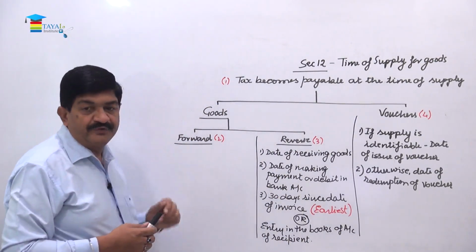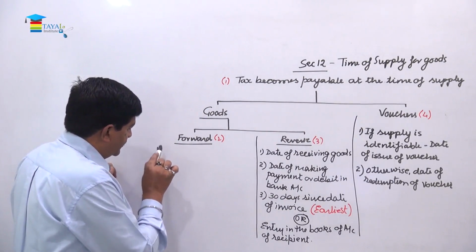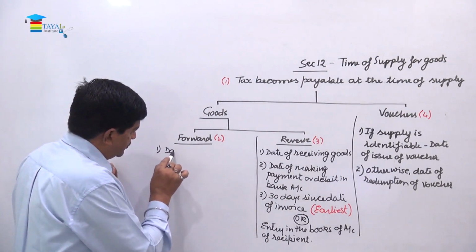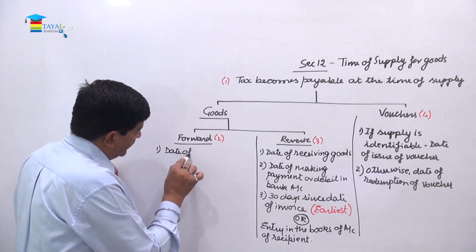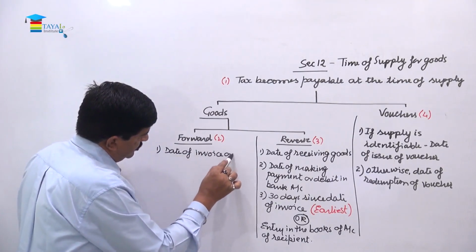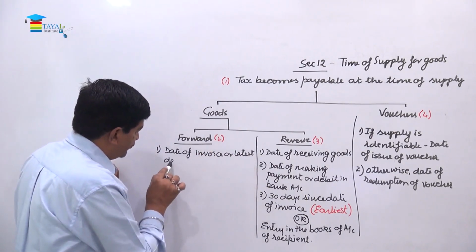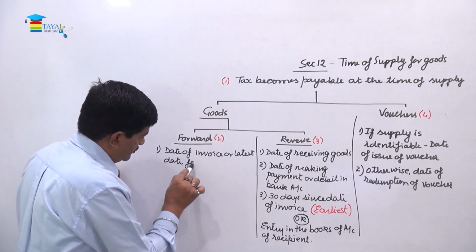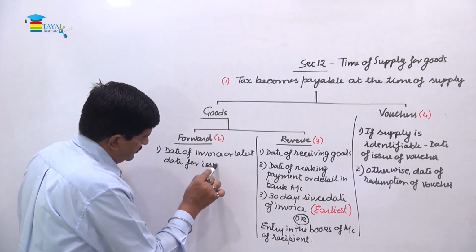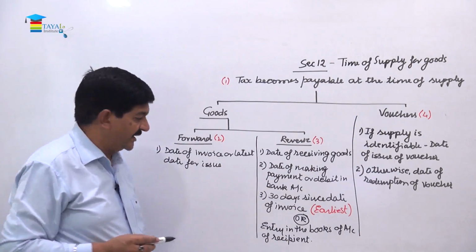When it comes to forward charge, first option given is date of invoice or latest date for issue. That is the first case, right?